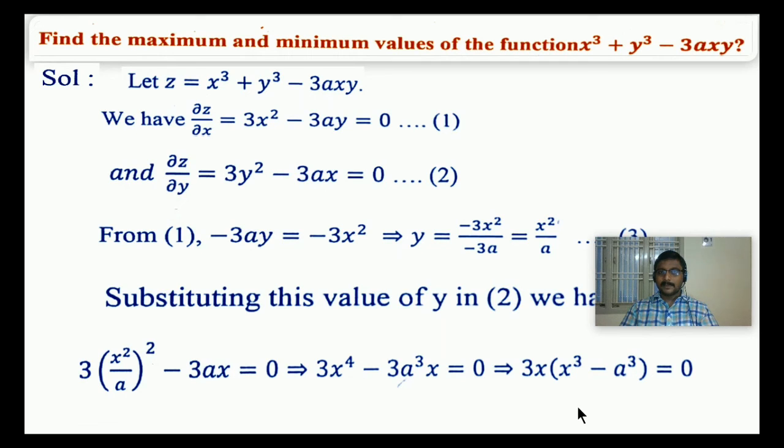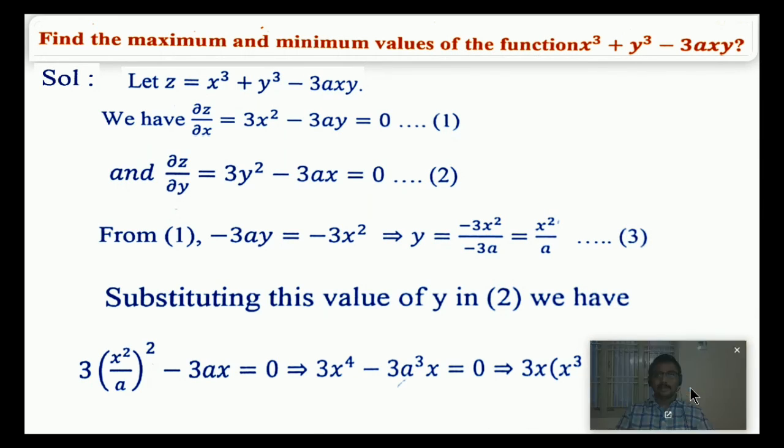But x squared plus ax plus a squared equated to 0 gives imaginary values of x. Since imaginary values cannot be sketched in the graph, we have to take only real values. So here x is 0 and x is a will be considered. At these points, we have to compute y values by substituting in the equation y is x squared by a.